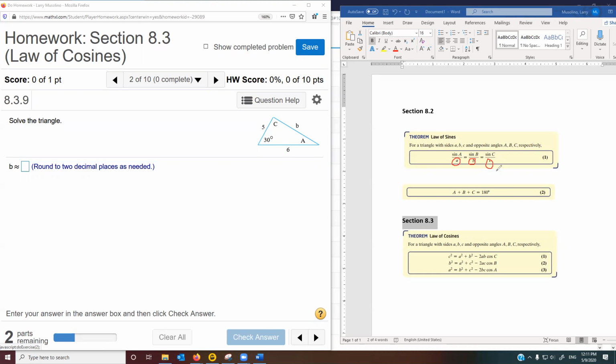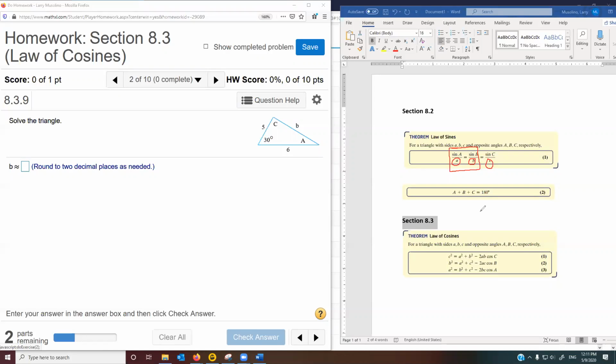Remember, to use law of sines, you have to be able to write one fraction equal to another fraction where you know three of the four unknown quantities. But in my example, we couldn't set sine A over A equal to sine B over B, because we only know two of the unknown quantities. So law of sines would not work there.